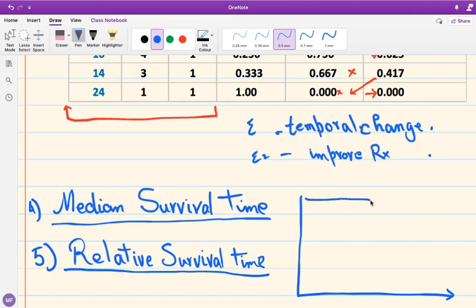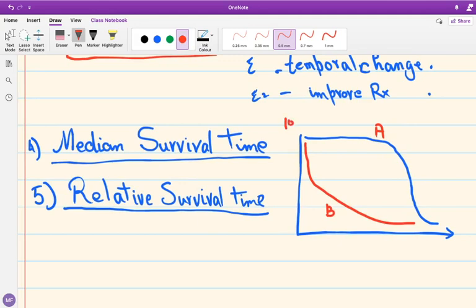Let's say this is treatment A and this is treatment B, and let's say we are dealing with patients of HIV infection, and we look at the number of individuals treated during a 5-year course, from 0 to 1, 2, 3 and 4, and during this course of 5 years there should be a relationship showing whether treatment B has a good survival or treatment A has a good survival.